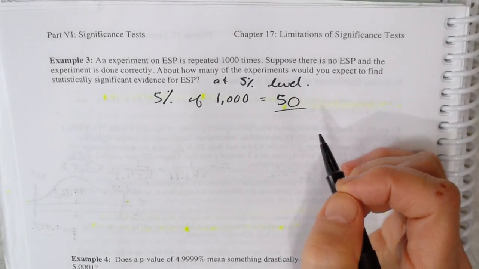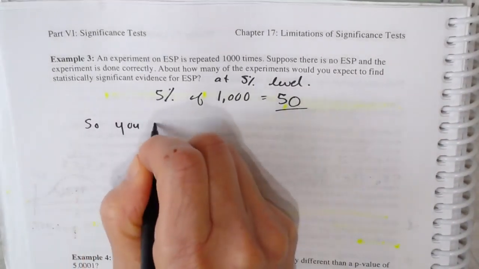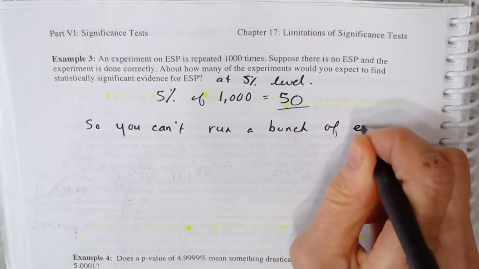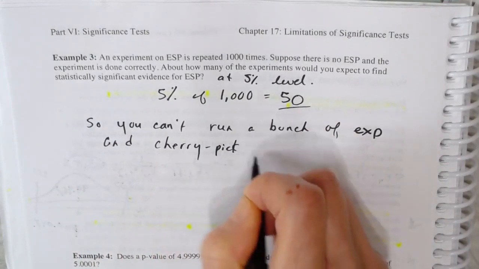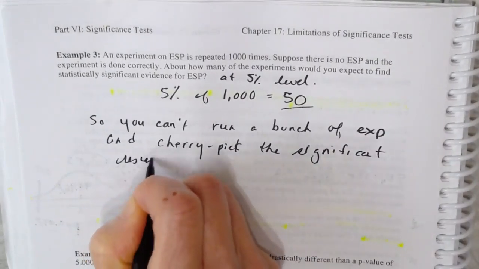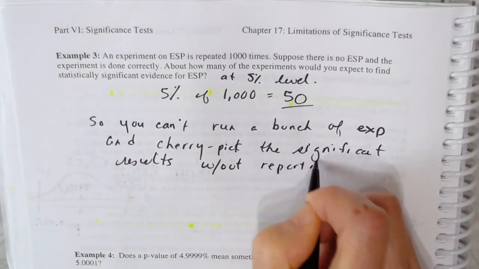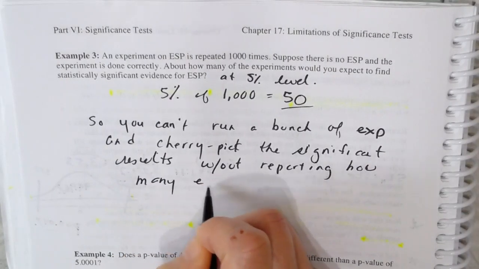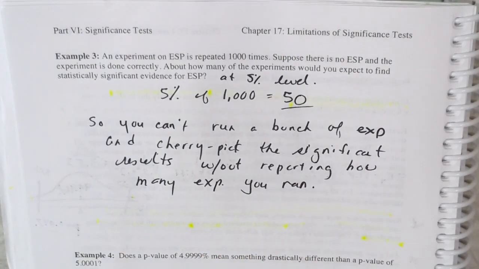So you can't look over many, many results and then just pick out the ones that are significant, without reporting how many experiments you ran or looked at. Okay, so that's the idea.